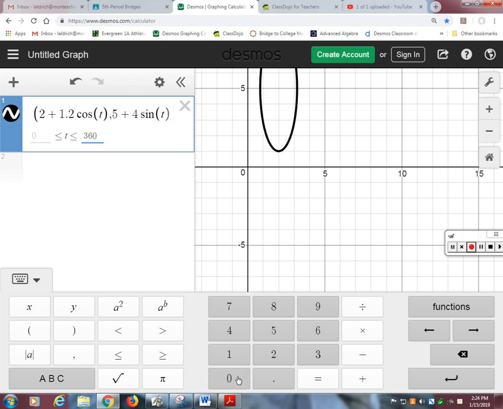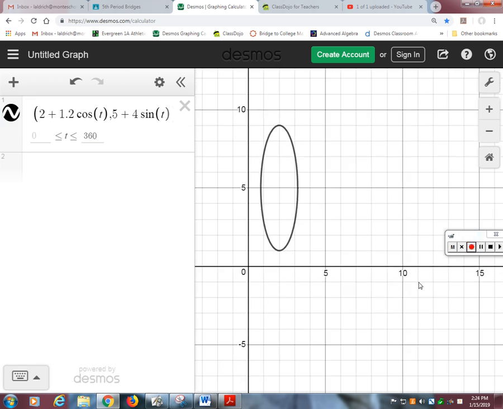So there is the left end of our cylinder.